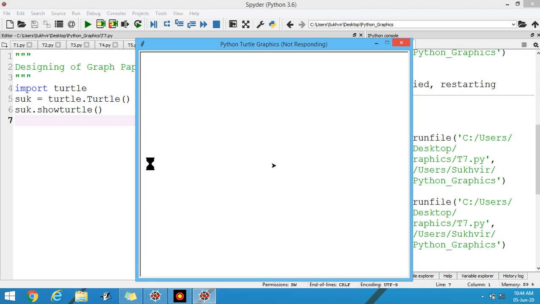Then we can move the turtle forward up to this distance. Then again turn the turtle right at an angle of 90 degrees so that we can move the line towards this direction. Whenever we have to draw this line, we have to write the command of pen down. Let us try.